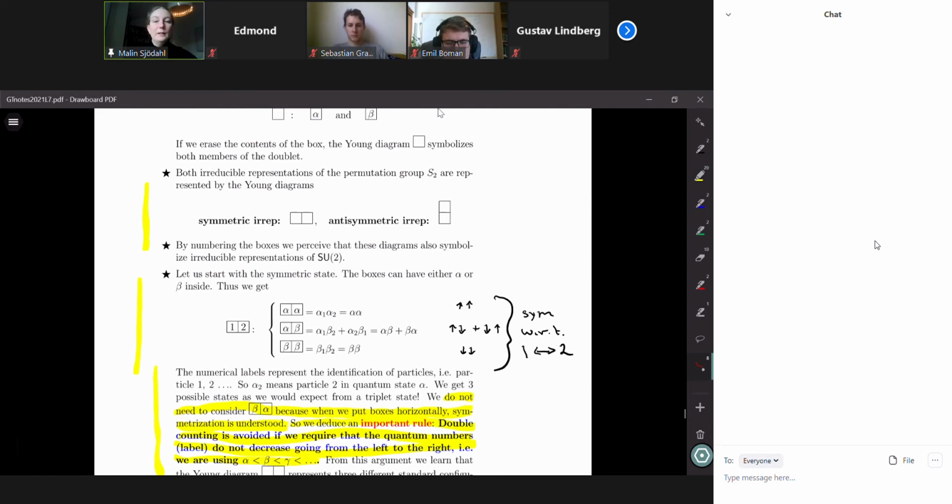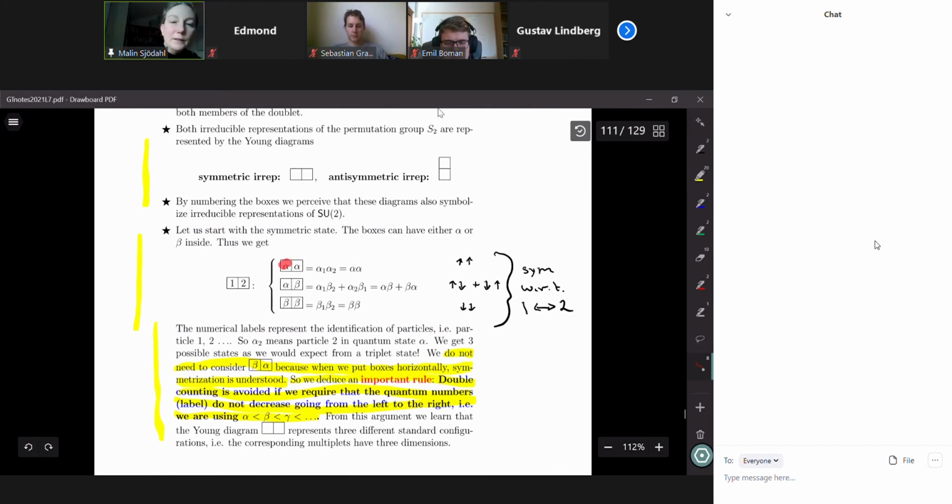We can have the case that particle 1 is in state alpha, and that particle 2 is also in the state alpha. So this is just another notation, alpha. So particle 1 is in the state alpha, particle 2 is in the state alpha, or by always writing particle 1 first and 2 later, we can drop the subscript 1 and 2 here.